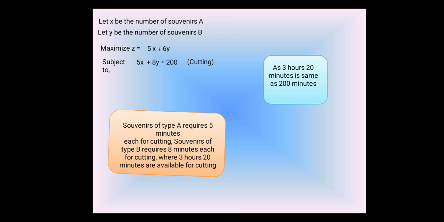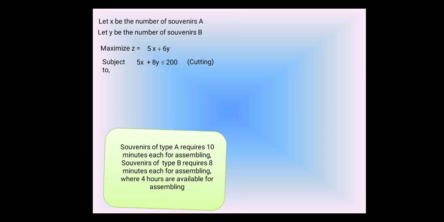Next constraint is: type A requires 10 minutes for assembling and type B requires 8 minutes for assembling, but they have given that 4 hours is available for assembling.